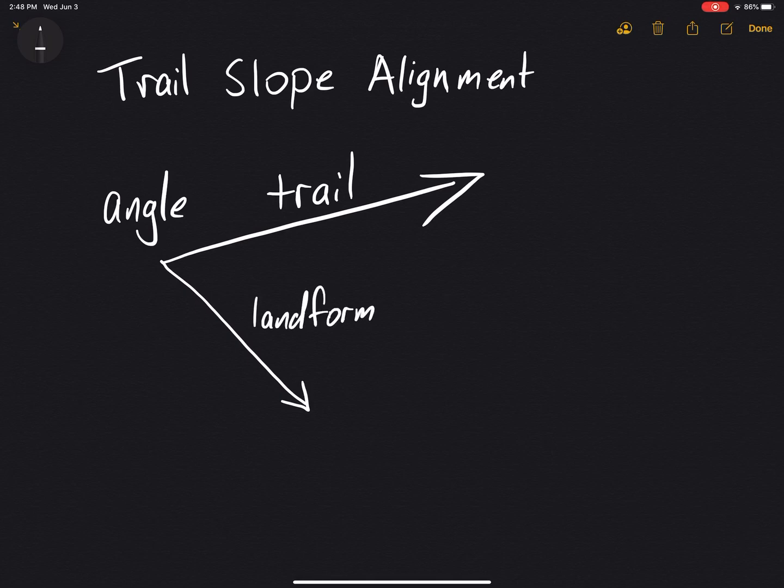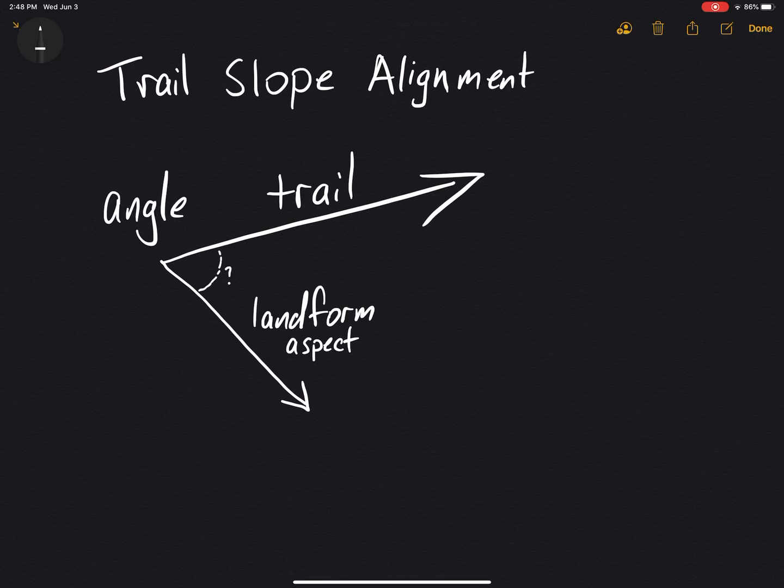So, for those of you who've taken a geography class or a GIS class, your landform aspect, or the direction that the downhill slope is facing when viewed from overhead, that's all that is. What's the angle between these two?